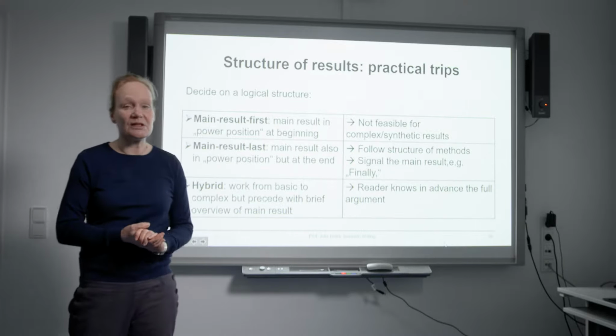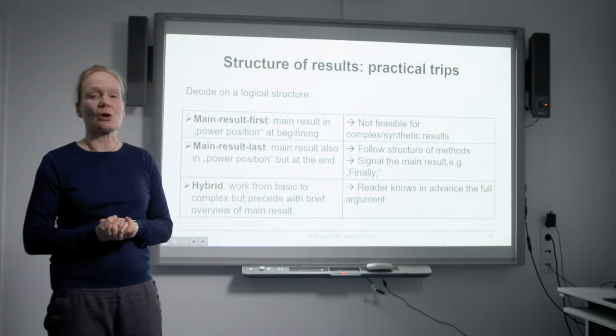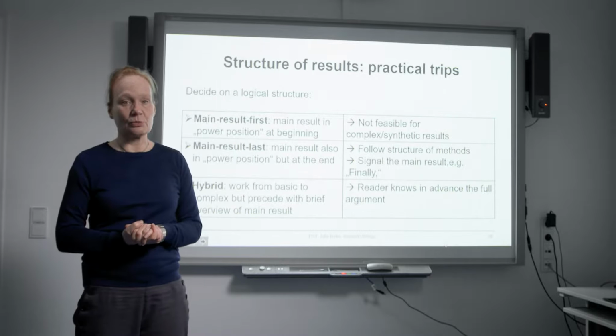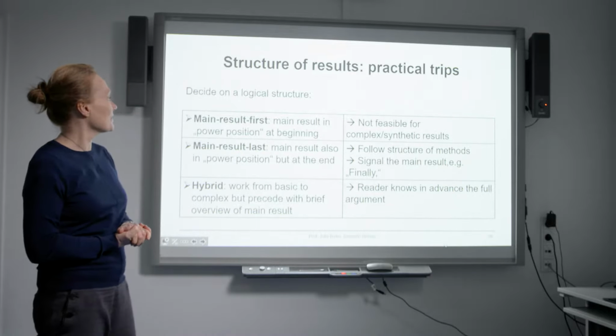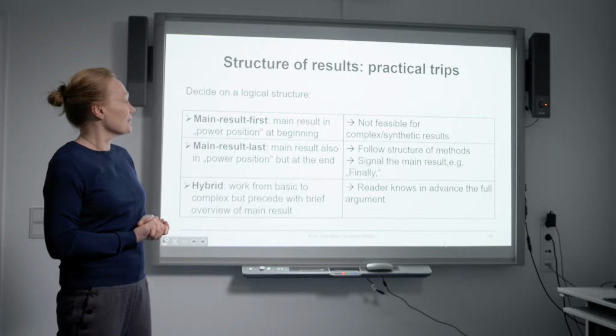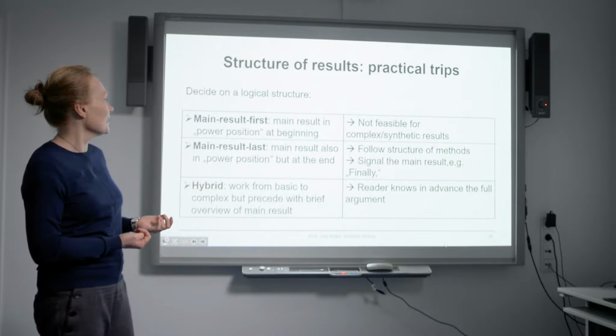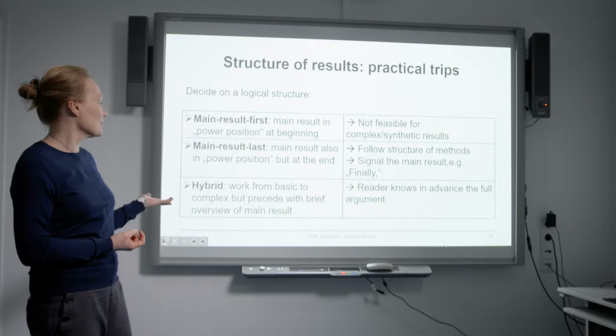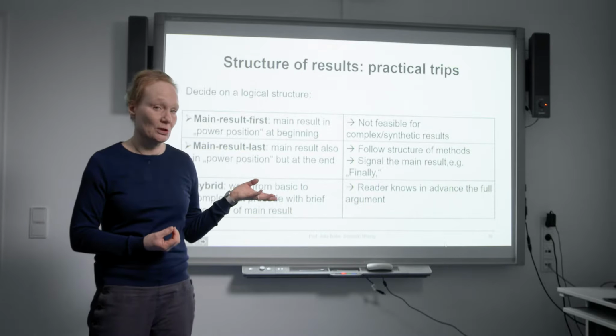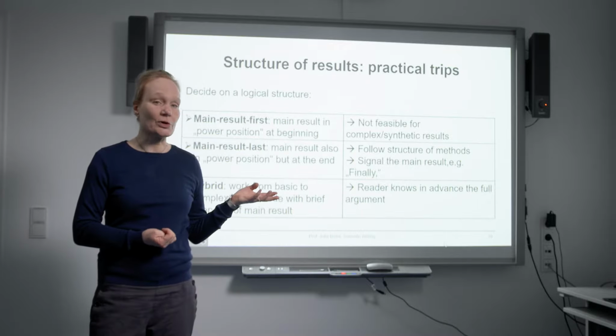You can decide on a logical structure early on, how you would like to present your results. There are different ways you can do this. Here are some practical tips. This also depends on which journal you're writing for.